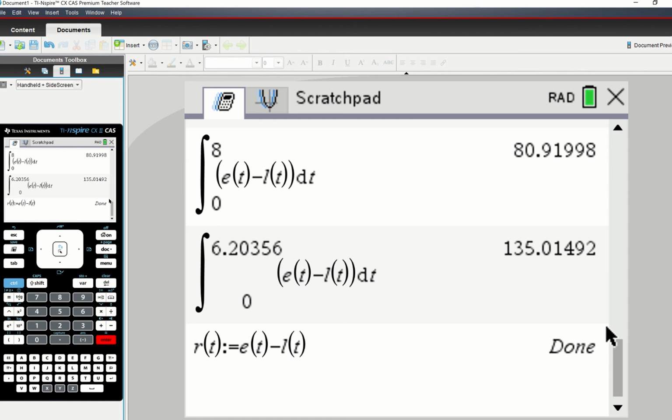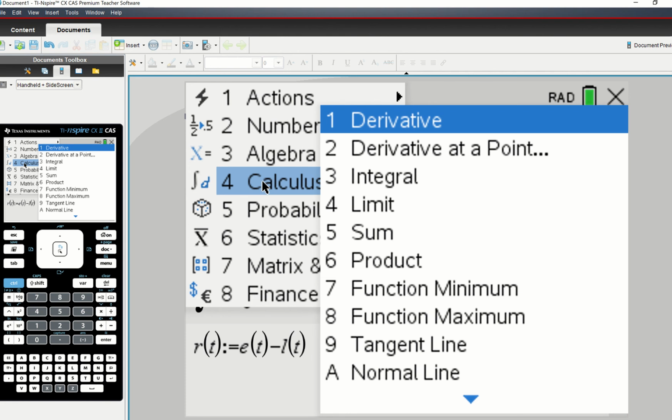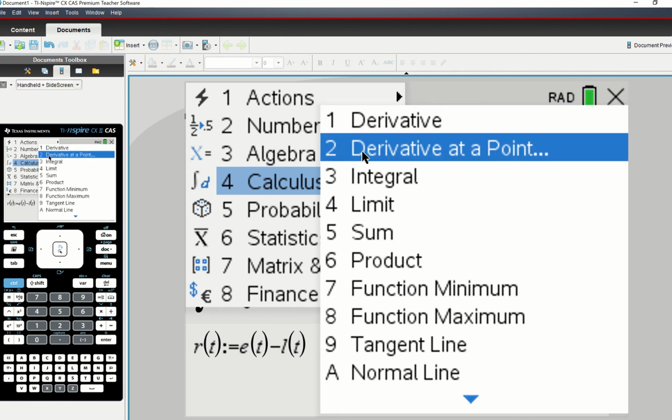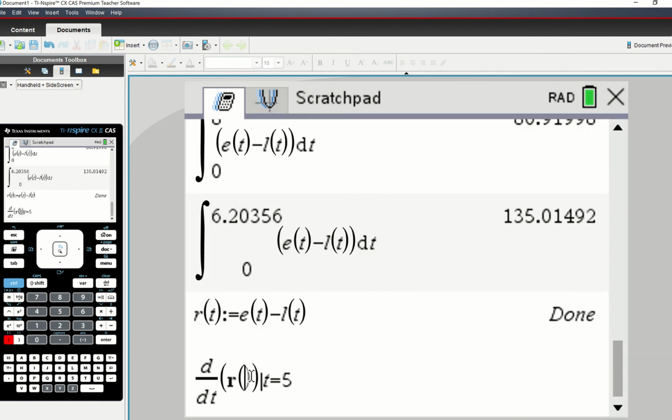I want to show if the rate's increasing or decreasing, so I'm going to take the derivative of R. I want this derivative evaluated at a point, so I'm going to go to Menu, Calculus, which is option 4, and Derivative at a point. I'm using t as my variable, and I want this evaluated specifically at 5, taking the derivative of R of t.